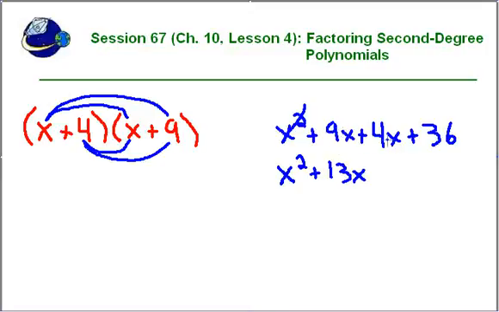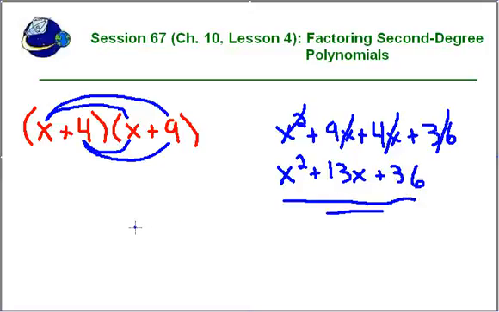So 9x plus 4x here would be 13x. That takes care of those 2. And then our 36 gets tacked on here at the end. So by using the distributive property, parentheses x plus 4 times parentheses x plus 9 is x squared plus 13x plus 36. This here is our polynomial.